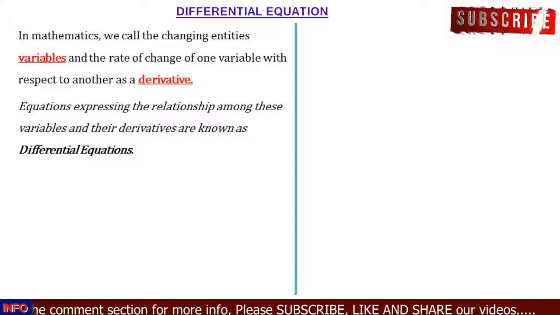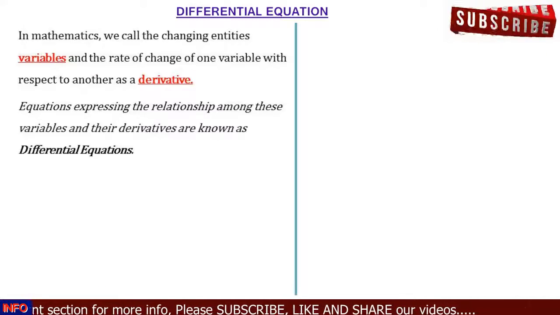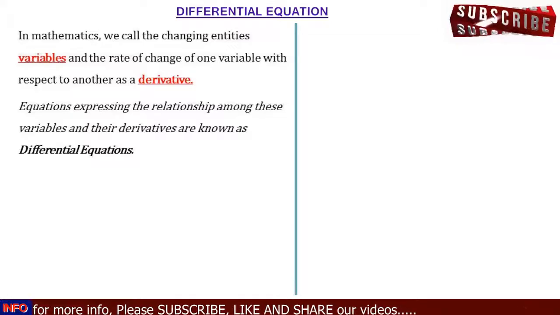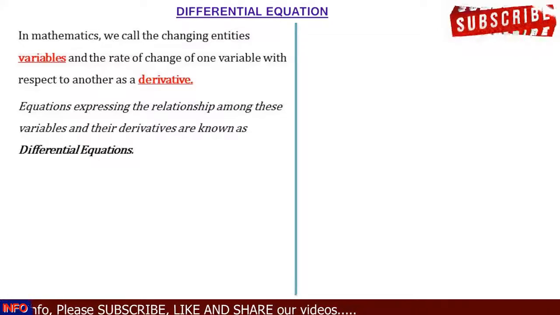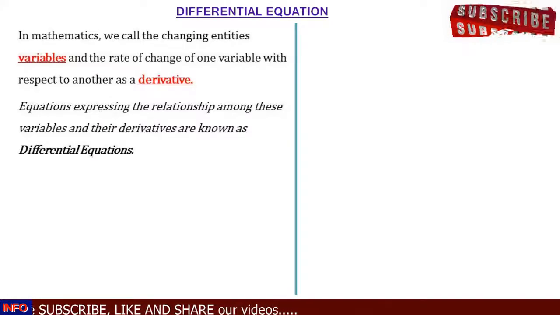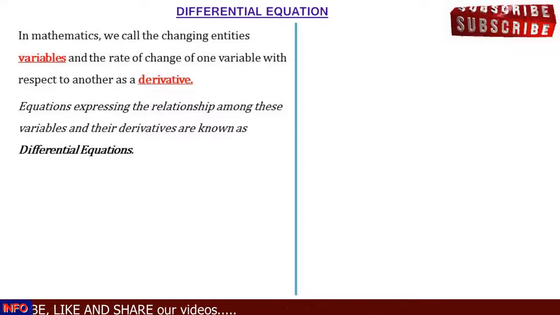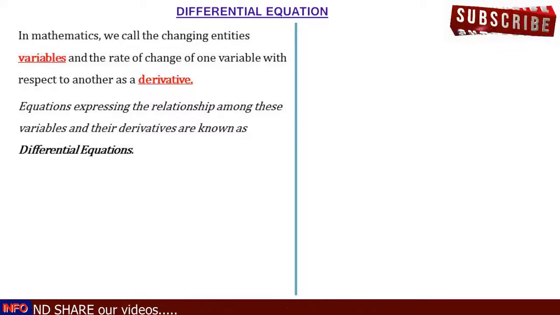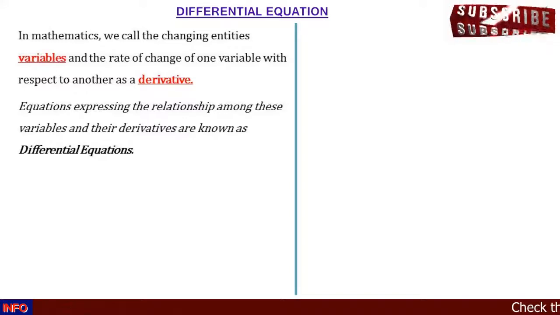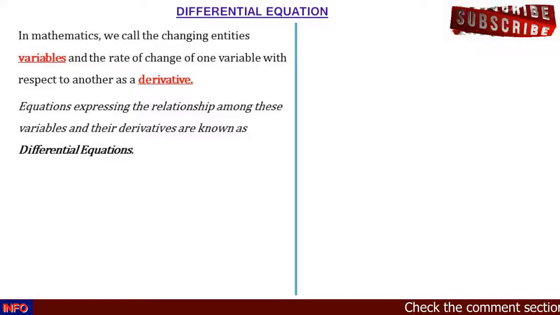When we have changing variables, the rate of change of one with respect to another is what we call a derivative. And then we say it again, any equation expressing a relationship among variables and their derivatives is what we call a differential equation.